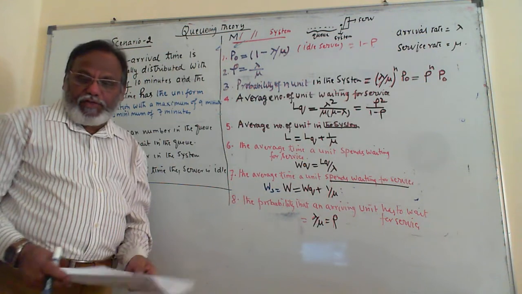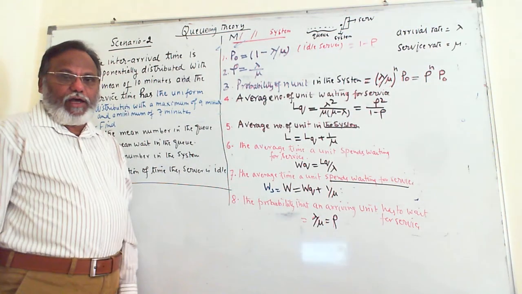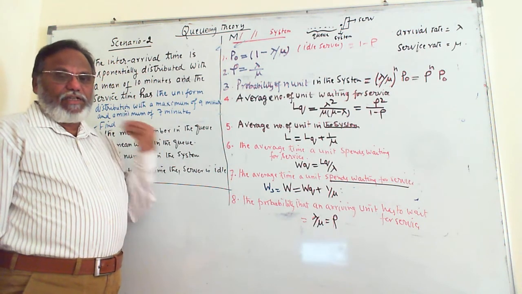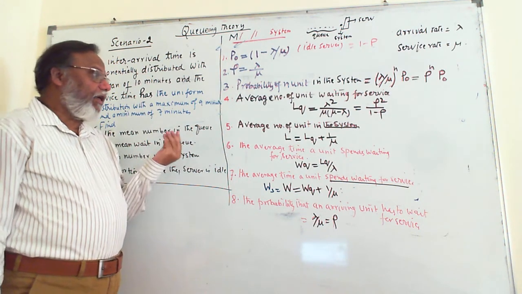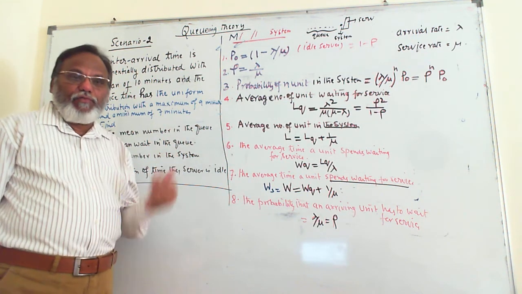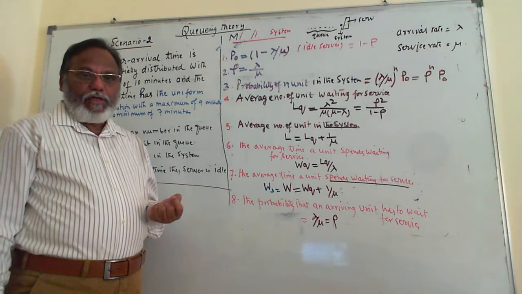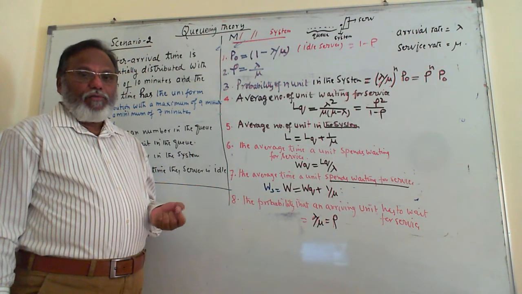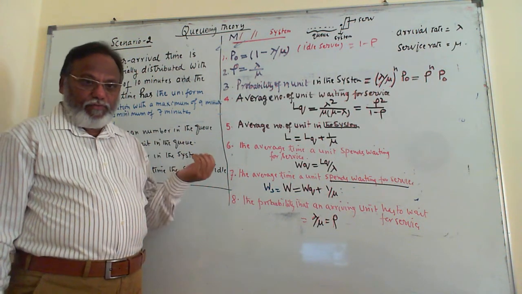In this question they have described the distribution, they have not just named it. So we have to understand what the distribution says, find the average of the distribution, and find the other required values.